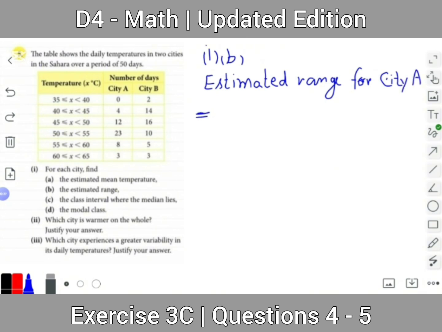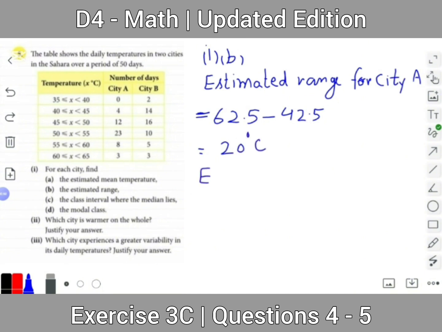So the highest mid value was 62.5 minus 42.5 in the case of city A, and it will give us 20 degrees Celsius.